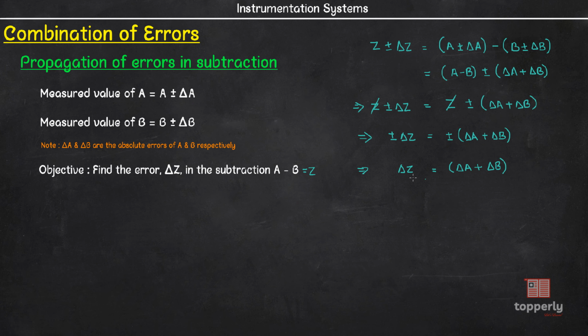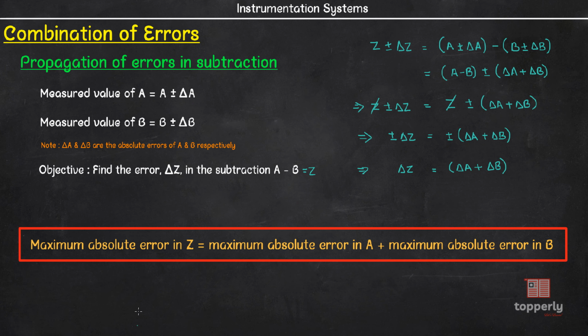So again from this equation we can say maximum absolute error in Z is equal to maximum absolute error in A plus maximum absolute error in B.